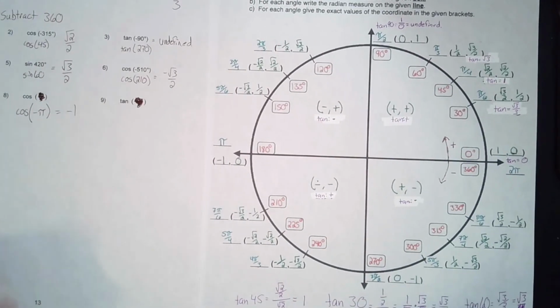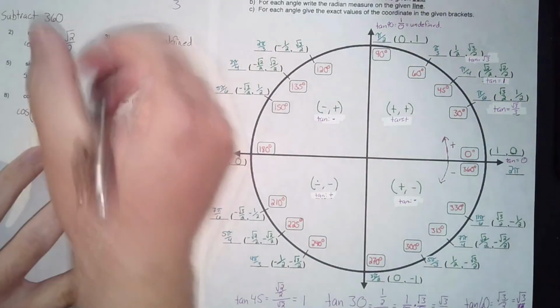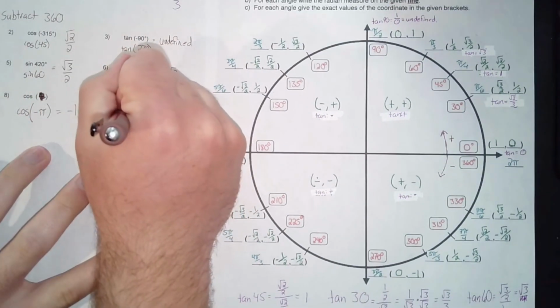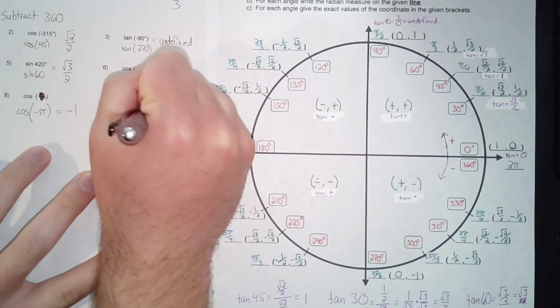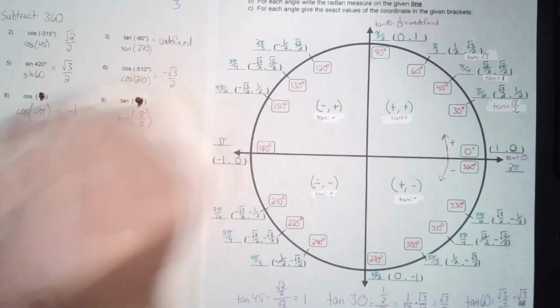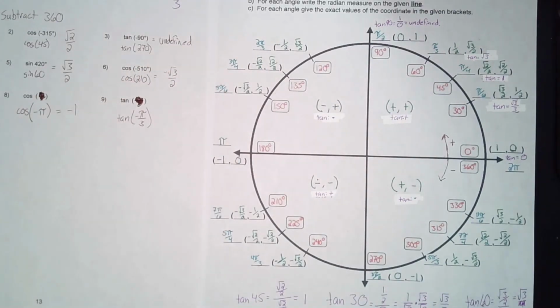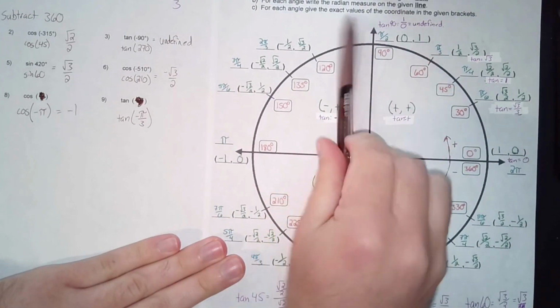Okay, let's do a tangent as well. Let's do tangent of negative pi over 3. Well, pi over 3 is really that 60 degrees. It's 1 less than a quarter.